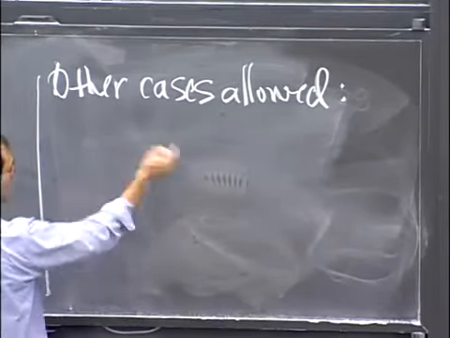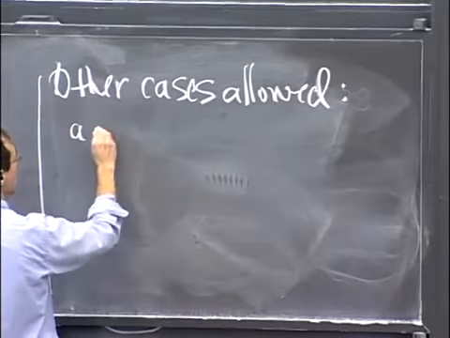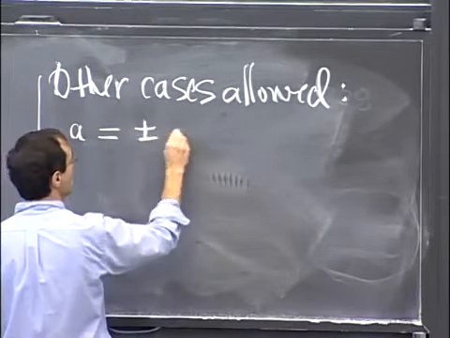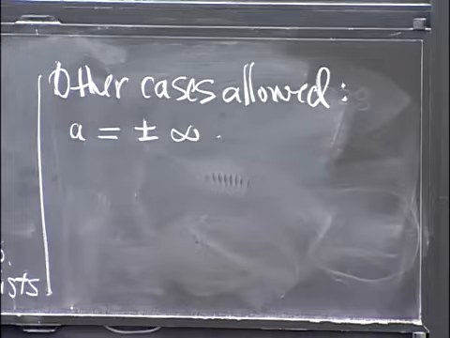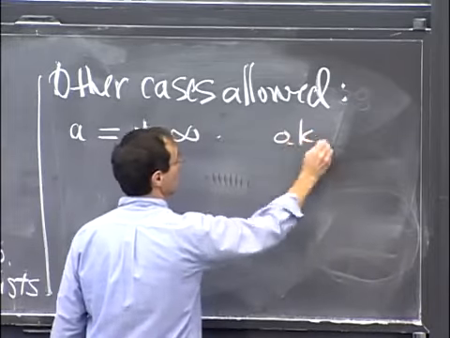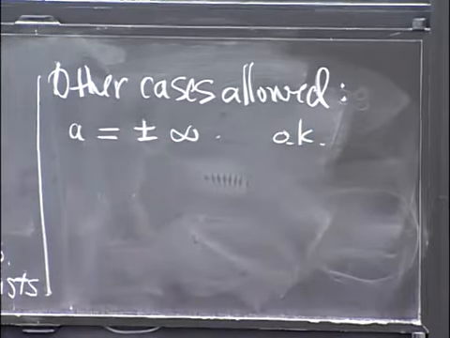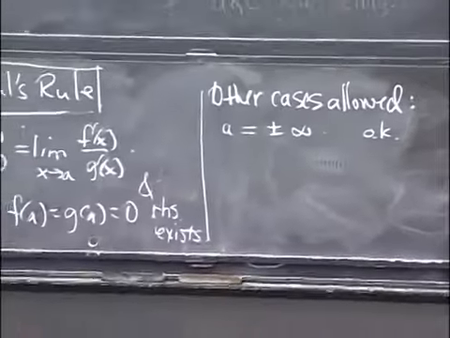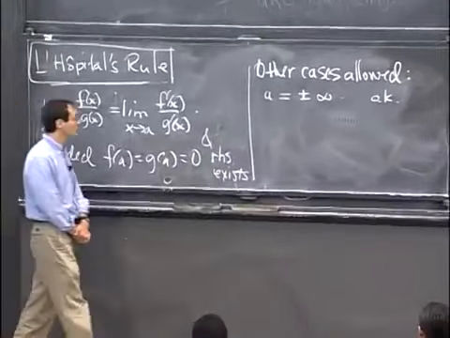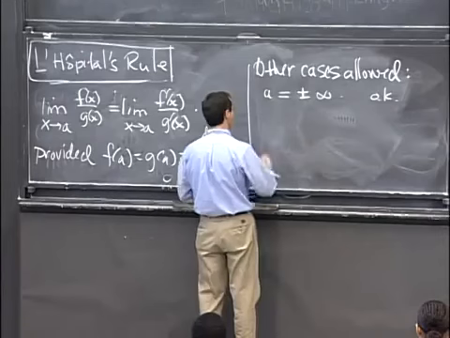First of all, as indicated by what I just erased, you can allow a to be equal to plus or minus infinity. It's also OK. So you can take the limit going to the far ends of the universe, both left and right.